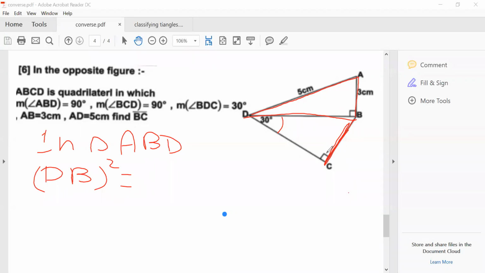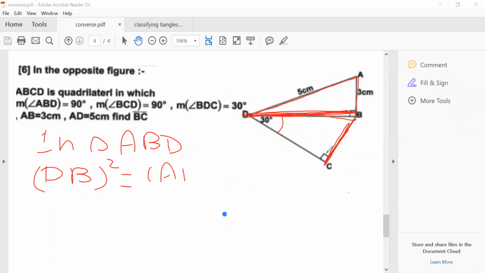So it will equal what minus what, or what plus what? 5 power 2 minus 3 power 2.